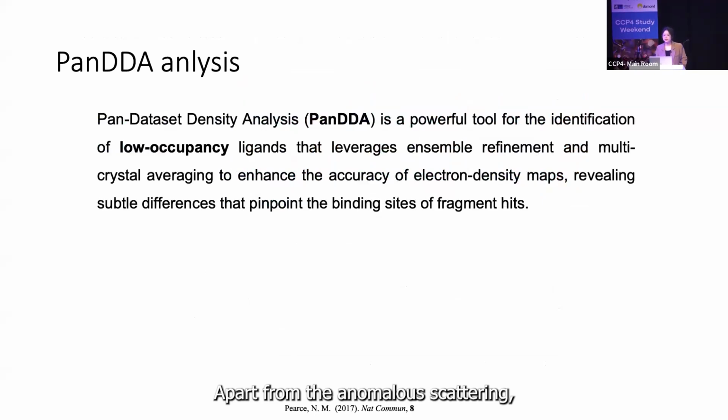Apart from anomalous scattering, PanDDA analysis, Pan-Dataset Density Analysis, is also a powerful tool for the identification of low occupancy fragments that leverages ensemble refinement and multi-crystal averaging to enhance the accuracy of electron density maps, revealing subtle differences that pinpoint the binding sites of fragment hits.